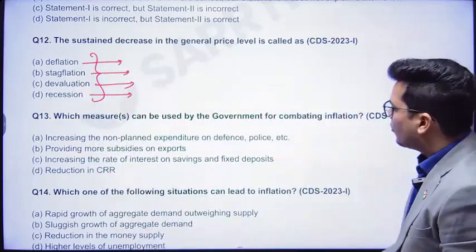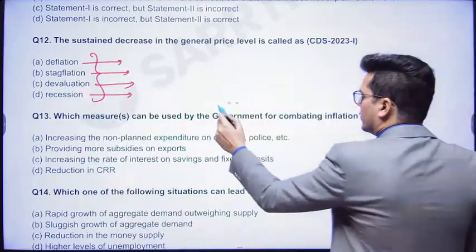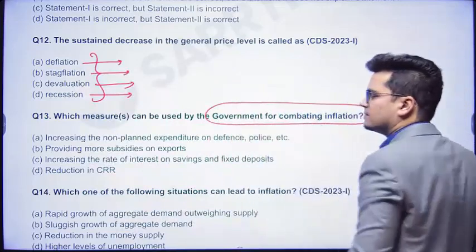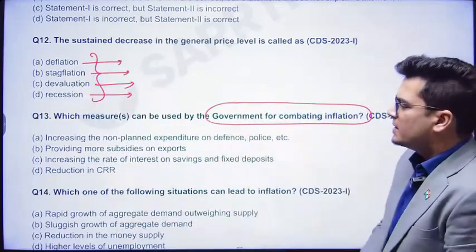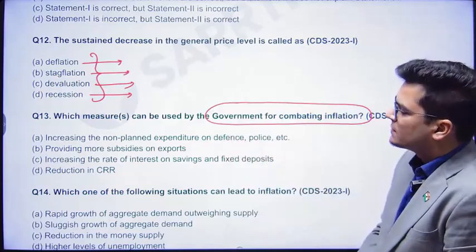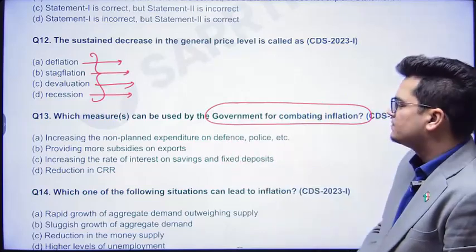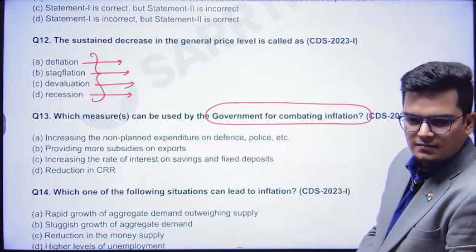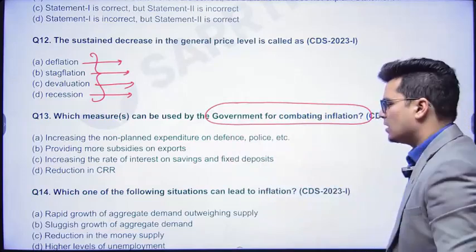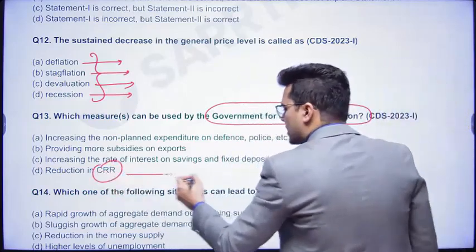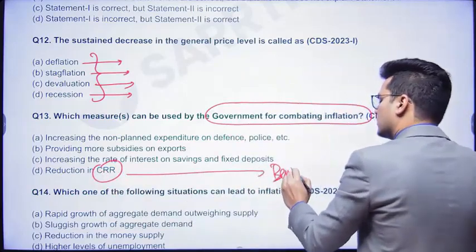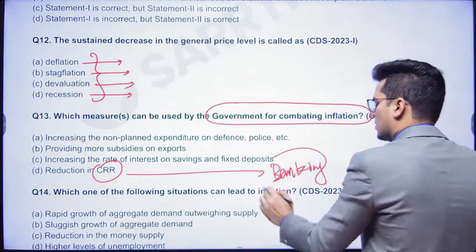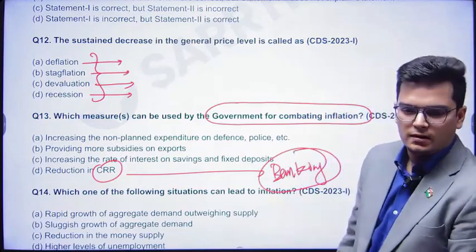Next, what measures can be used by the government for combating inflation? Increasing non-planned expenditure, more subsidies on exports, increasing the rate of interest, and reduction in CRR, right? Now, this term CRR is directly related to banking, right?